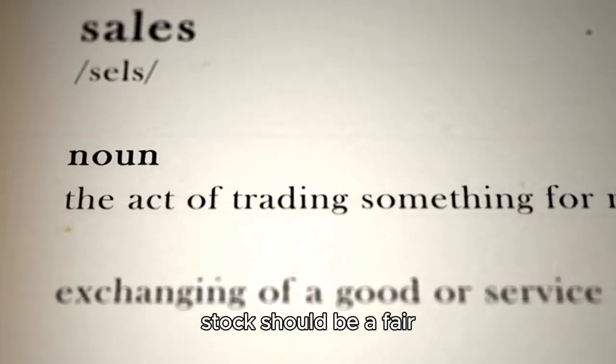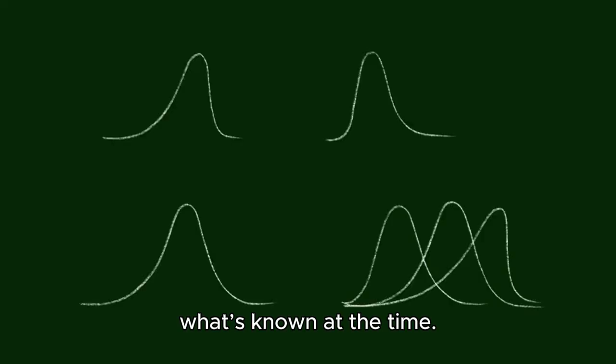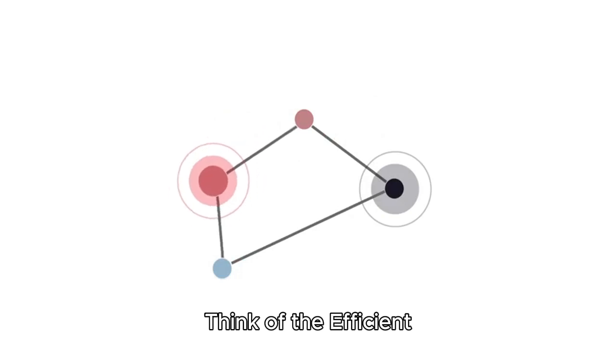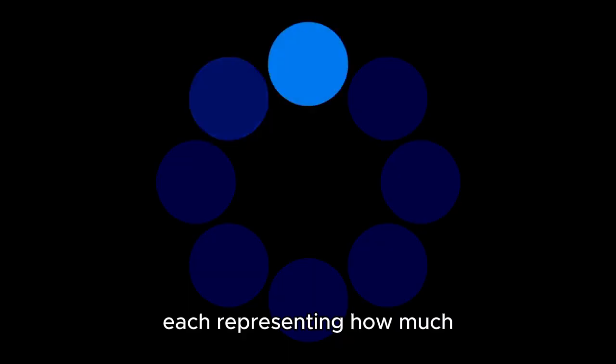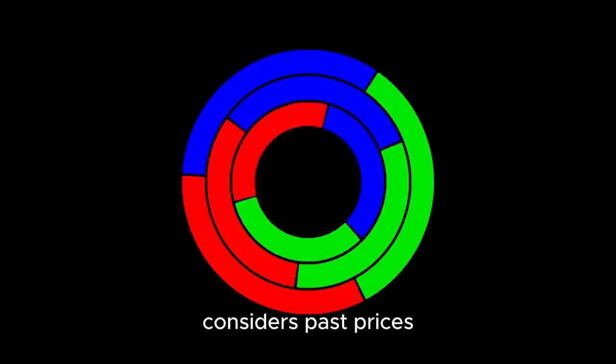The efficient market hypothesis can be broken down into 3 different levels. Think of the efficient market hypothesis like 3 expanding circles, each representing how much information is factored into stock prices. 1. Weak form efficiency. This is the innermost circle, meaning it only considers past prices and trading data. It states that historical prices and trading volume can't predict future prices.